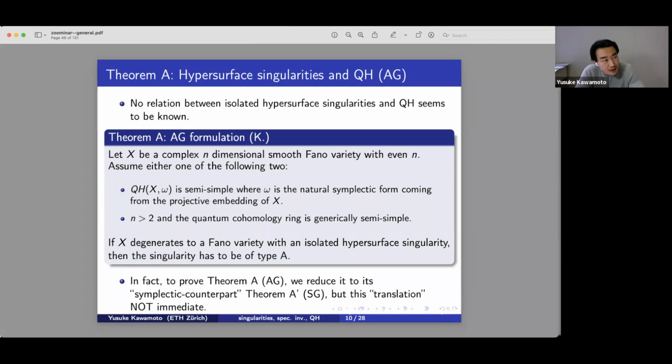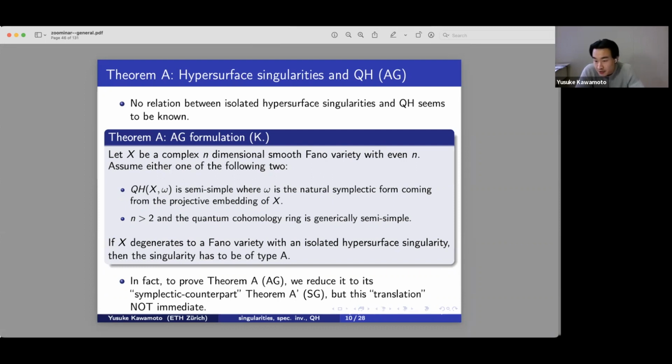Yeah, I did think about that because the notion of semi-simplicity in AG and SG is slightly different, as I said. And in AG, in the sense of Manin and Dubrovin, they look at big quantum cohomologies.